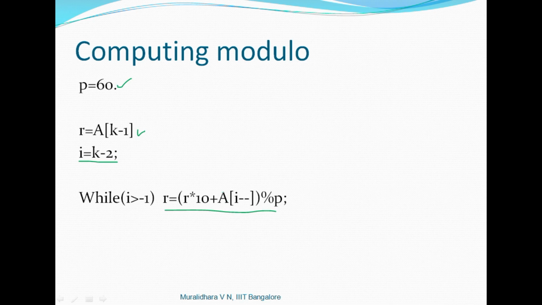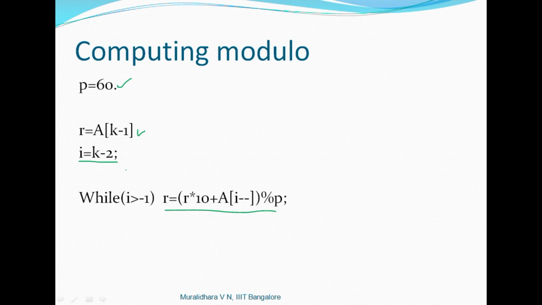Keep doing this, and what you get will be the remainder when you divide this big integer by p. This algorithm runs k times, which is the number of digits in the given number, so the entire complexity is order k, where k is the number of digits in the big number that you give me.